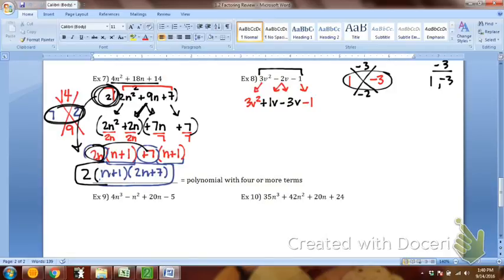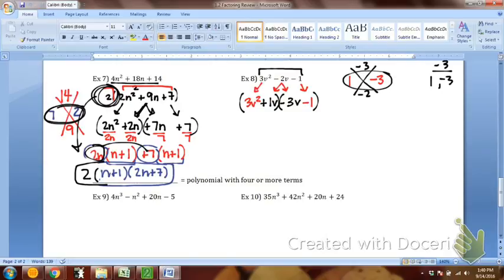Okay, so then the second step is to group them together. Remember, take that negative sign on the inside of the parenthesis. What can we pull out of the first group? We can't pull a 3 out, right? Because that 1 can't divide by 3. So what's the only thing we can pull out here? A v.